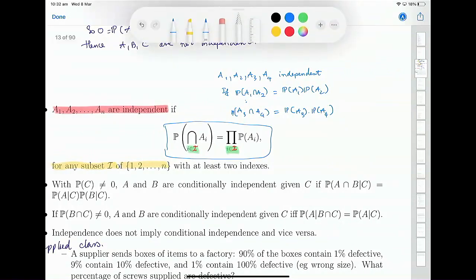Okay, so we go to the definition of conditional independence. This is the definition. Conditional independence given C: if the probability of C is different from 0, we can say that A and B are conditionally independent given C if you have this equality.